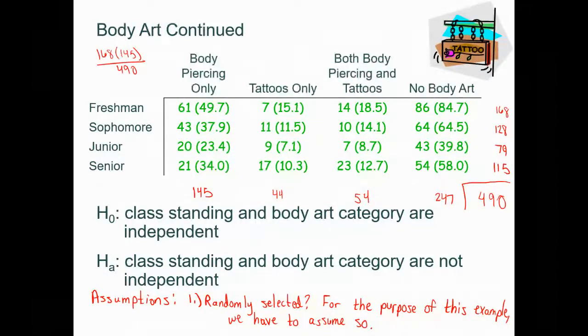There are certain higher level tests that deal with data that is not randomly compiled, but I can't, off the top of my head, I can't remember. It's not random, so that's a problem.